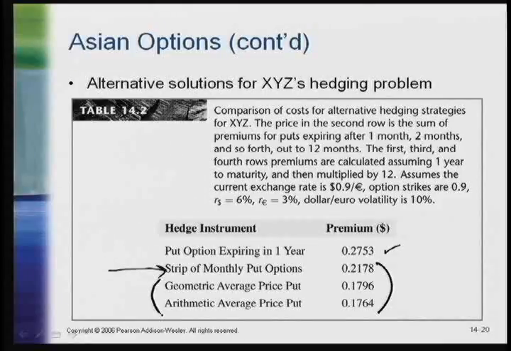So the reason that these Asian options are cheaper than a strip is simply because one can easily think of situations in which you would get a payoff in a strip of puts, however you will not get a payoff in the Asian put.